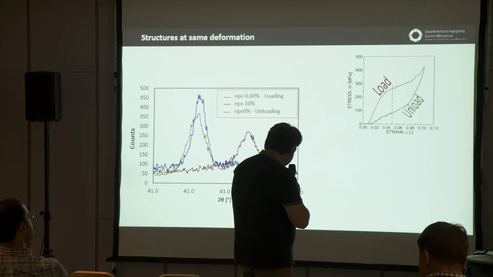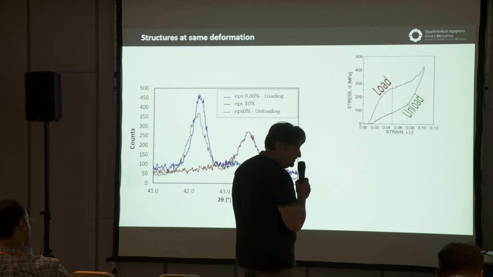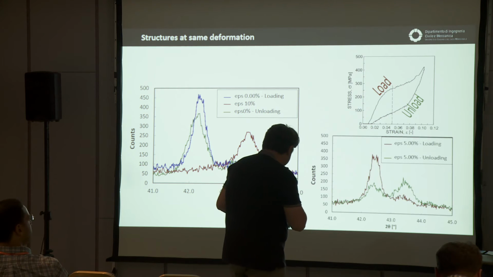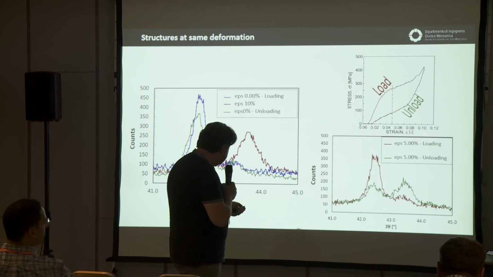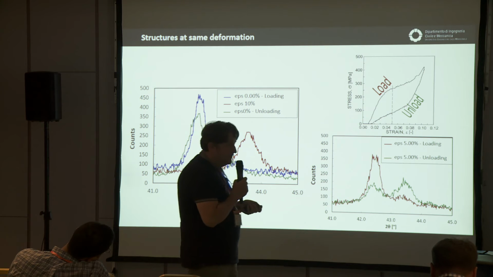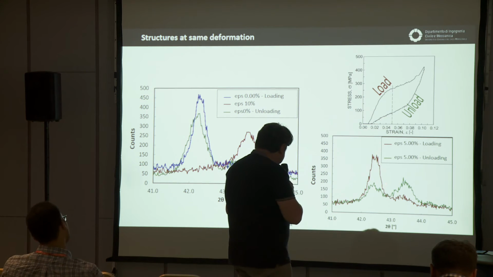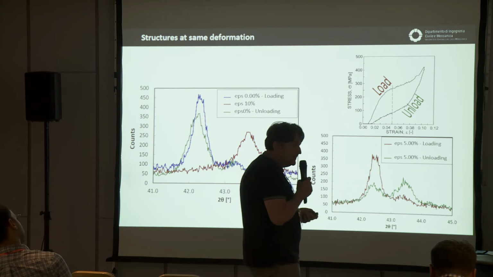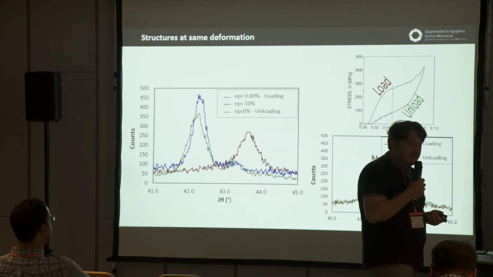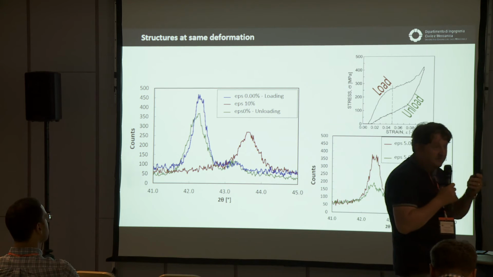In this case, we have this point that is inside the second stage, and this one is inside the second stage too. In terms of spectrum, you can see that in loading condition, we have the presence of austenite, and the martensite is lower, and vice versa. In unloading condition, we have a big presence of martensite and a low presence of austenite. This is the effect of this hysteresis, not in mechanical terms, but in terms of microstructure.